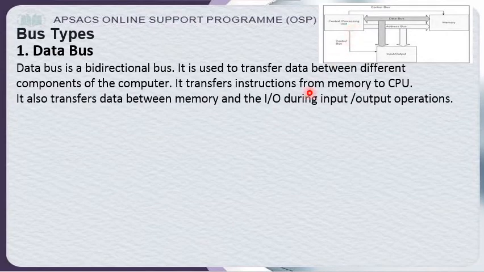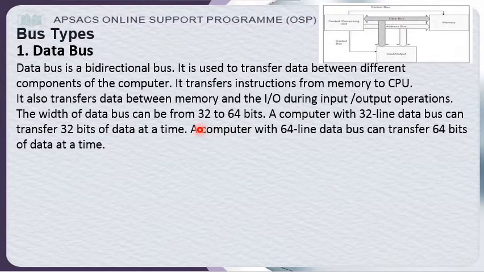It also transfers data between memory and input output devices during input output operations. So whenever data is required from any input output device or from memory, the data can move through this data bus and reach the microprocessor.